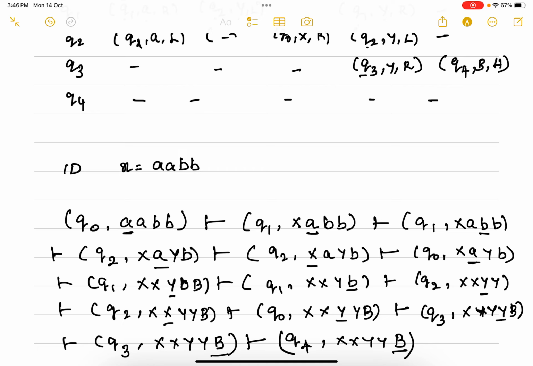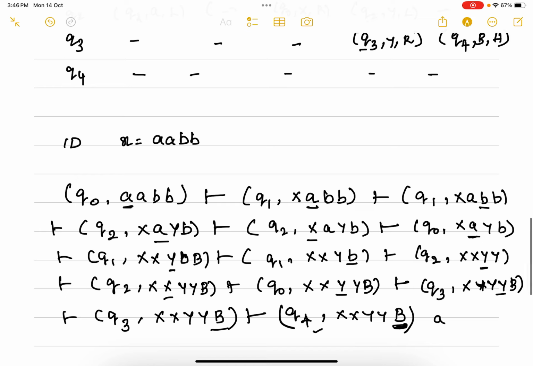Halt means you are in the accepting state Q4 and you are not moving the header any further. Once you are not moving the header and you are in the accepting state, the string can be accepted, because this string belongs to the language L = a^n b^n such that n ≥ 1.